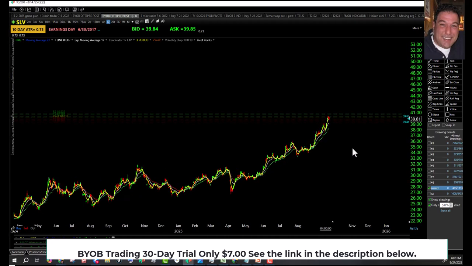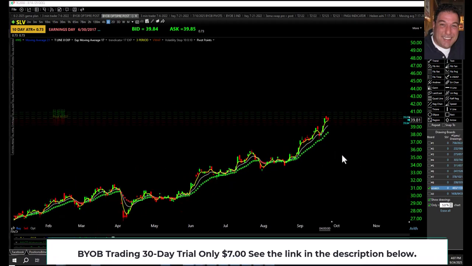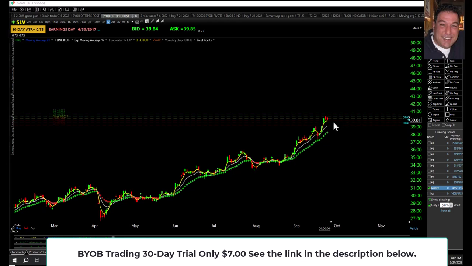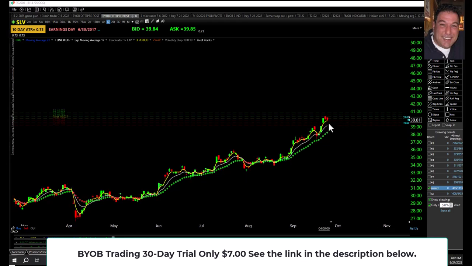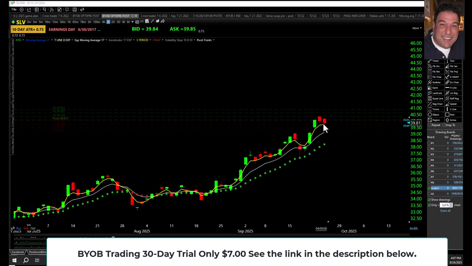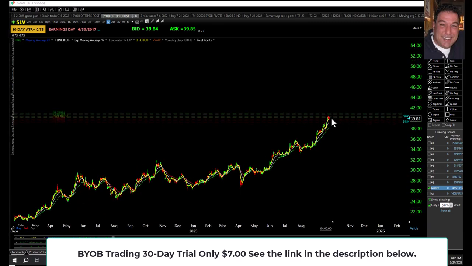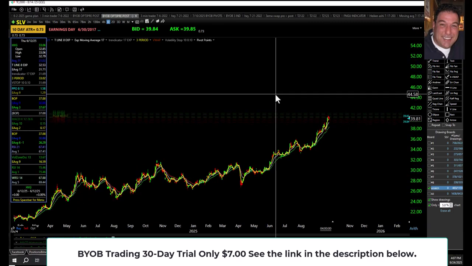There we go. All right, SLV, lower high, lower low, closing over bullish trap over the rising 17 EMA, and that's 14-year highs up there. That's bullish and still in an uptrend.